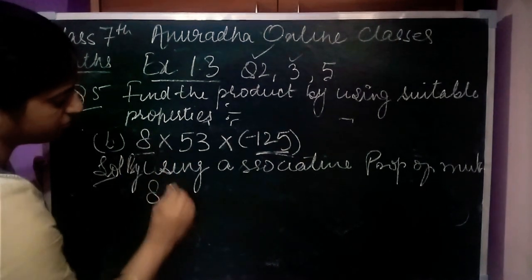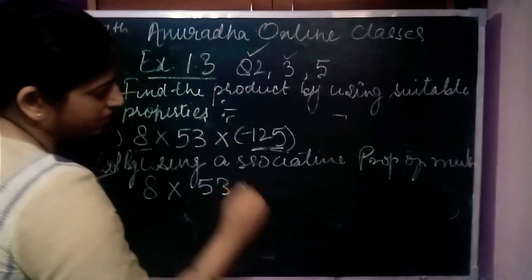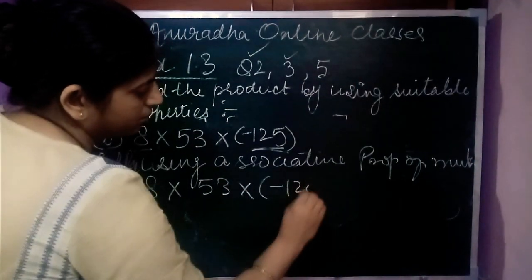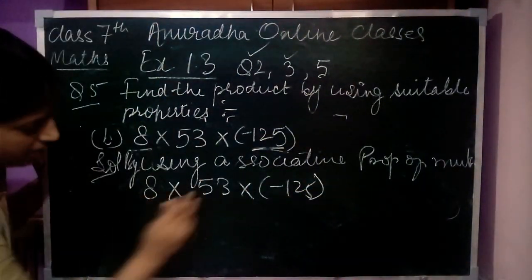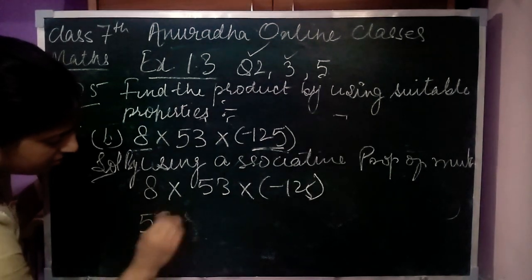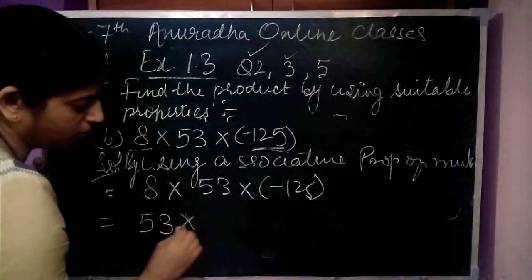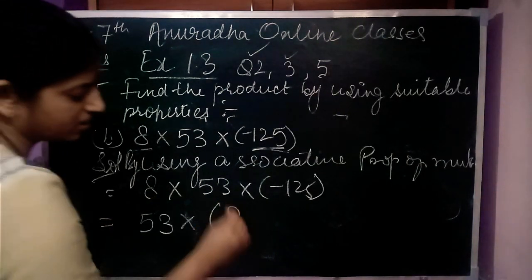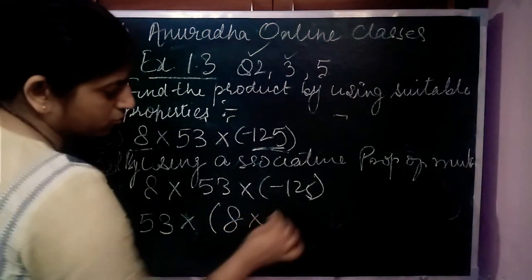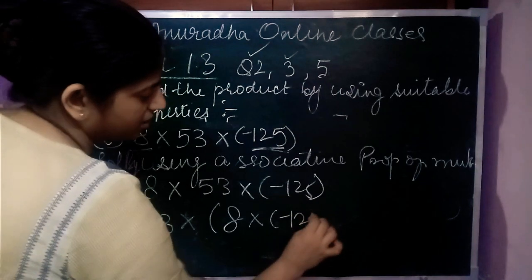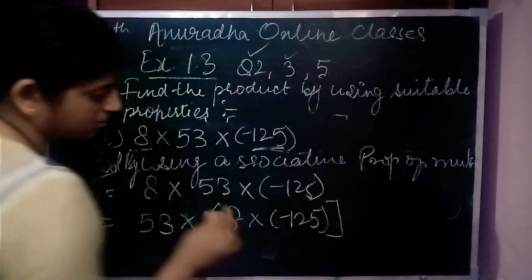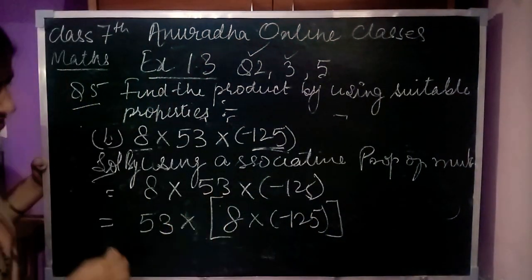So firstly you have to write this one. Write down 53 here. Put equal to 53 here. Now into 8 in the bracket, right? Into minus 125 in the bracket. Put this one also in a square bracket.